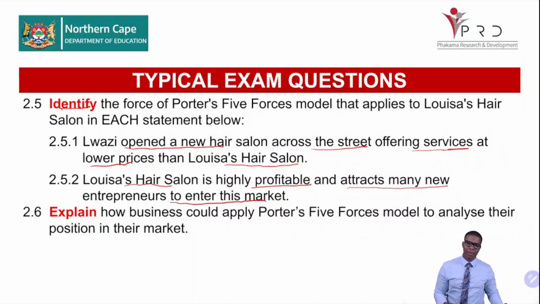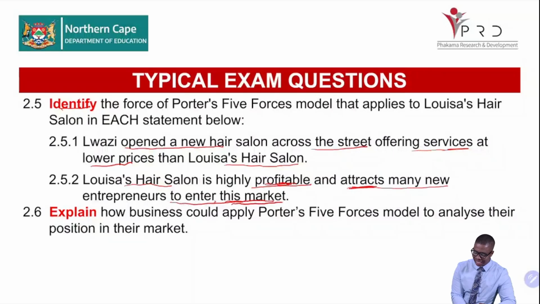So what is attracting the new entrepreneurs to enter is the high profitability. And because there are no barriers, when Louisa is analyzing using Porter's 5, Louisa sees that there's nothing stopping another entrepreneur from starting the same business she already has, which is a salon in this regard. So we say because they are highly attracted by what? The profitability, then many entrepreneurs enter this market.